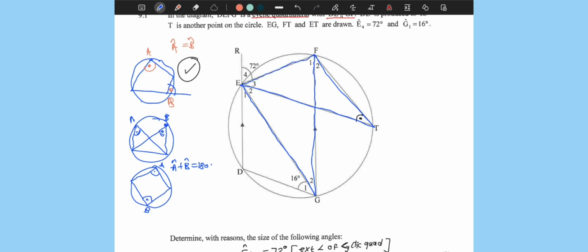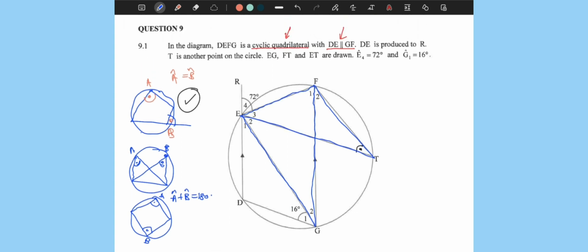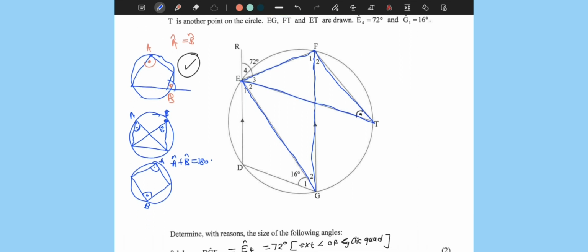This is also a cyclic quad. You are not always given a scenario stating that the figure is a cyclic quad. As long as it is forming a four-sided closed figure on the circumference of the circle, it is a cyclic quad.